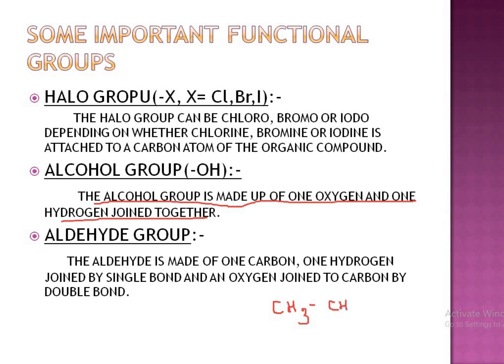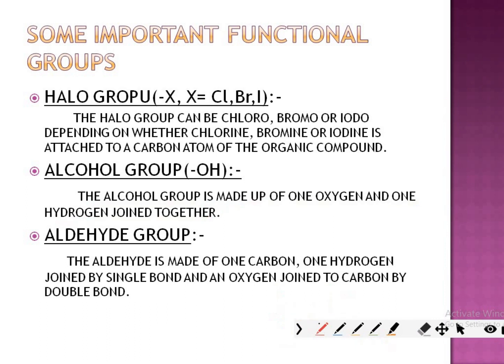We start the numbering from the functional group only, because it also has carbon 1, 2, so eth, an and 1 al, right. This is called ethanal, also called acetaldehyde. A common name is acetaldehyde.